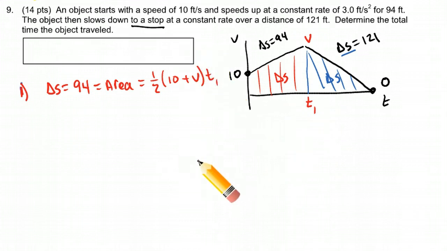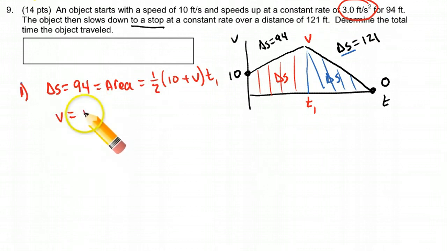Two unknowns, so I need to find V. So if I go to my other constant acceleration equation to use that value right there, we know V is equal to V0 plus AT.